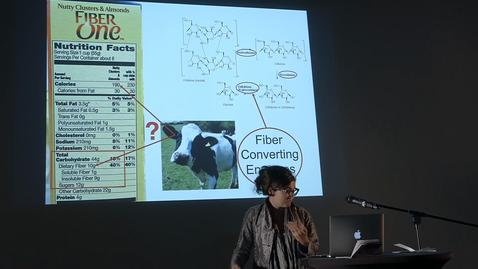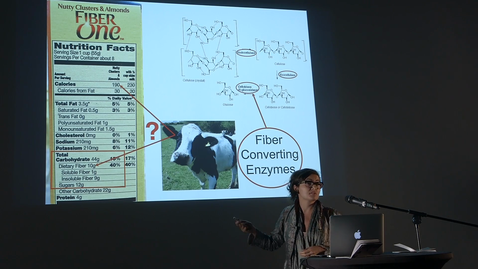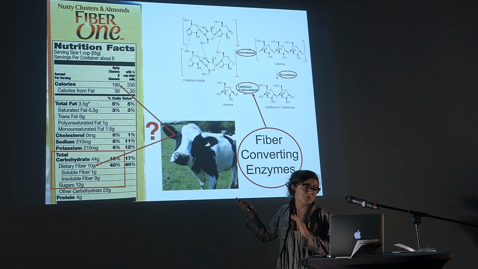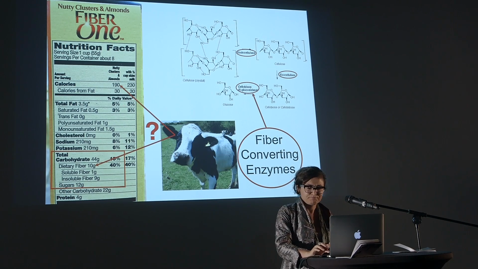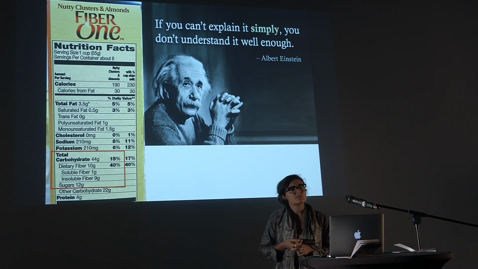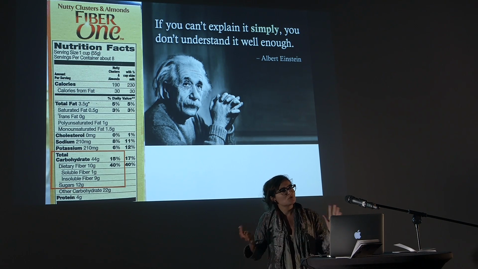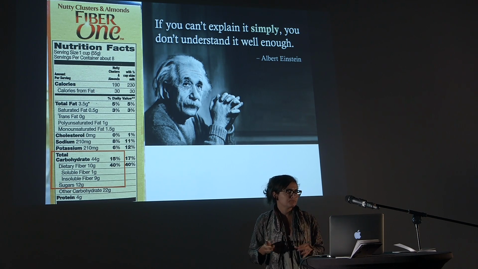My gut feeling, using the reasoning that I just described, is that these numbers are not accurate because fiber should have a lot of calories, just like alcohol, just like gasoline. And if people that do these food labels cannot explain it to me in a simple way, maybe it's because they actually don't understand it very well.